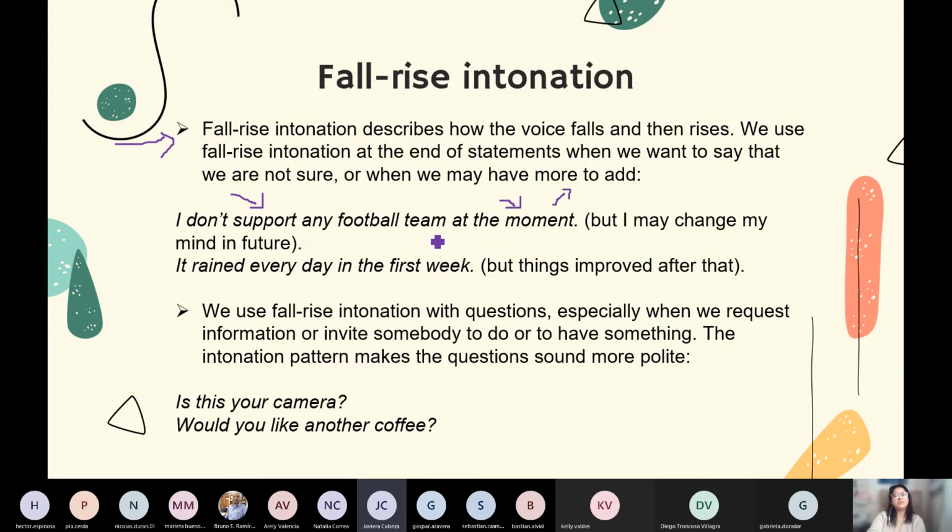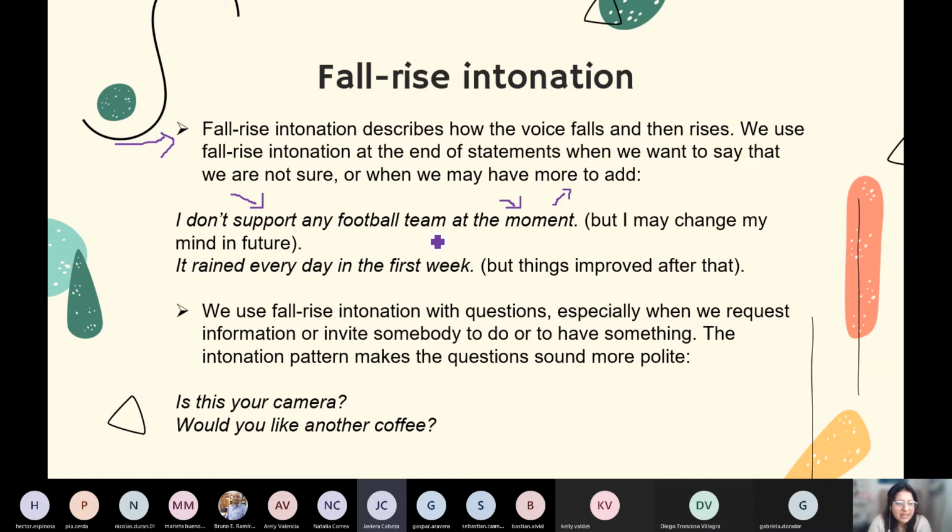So it should sound something like, I don't support any football teams at the moment. Like moment. We should make a little distinct. We should raise the tone at the end because, like it says, we may change our mind in the future. So I don't support any teams at the moment.